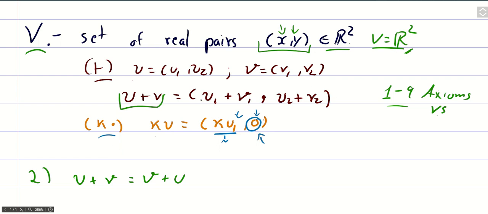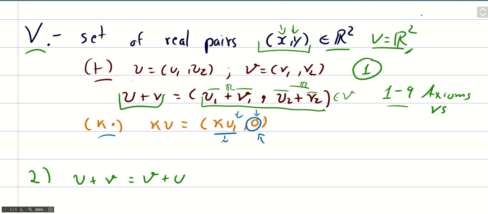And here you have the summation of these two vectors, where u1, v1 are real numbers, and u2 and v2 are real numbers, so this will again be a real number and this will also be a real number, so this is also part of V. That is the meaning of the first axiom, the closure of the addition operation.